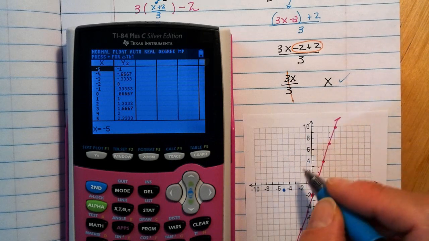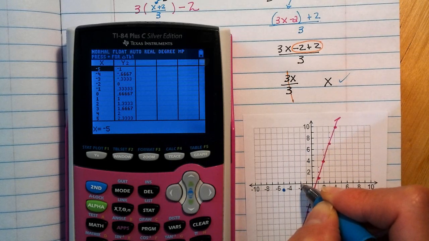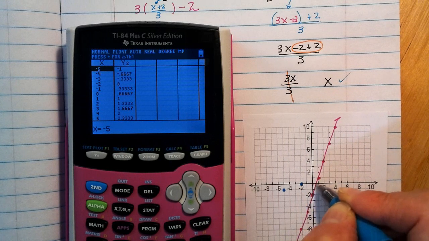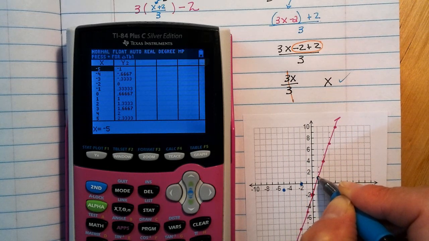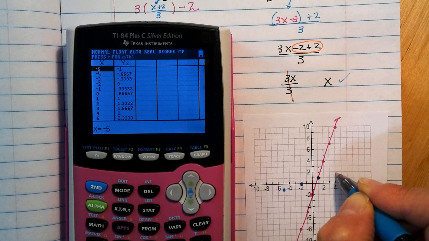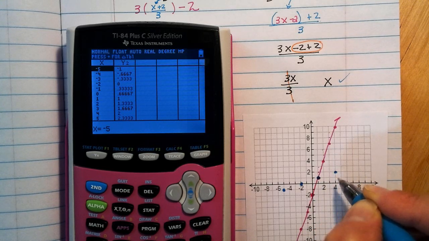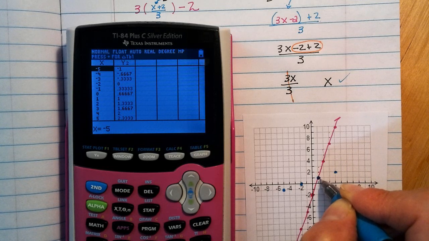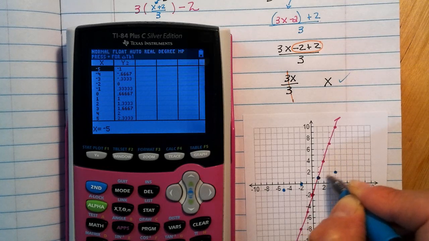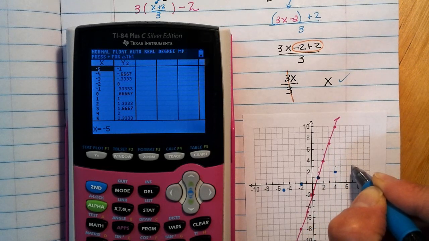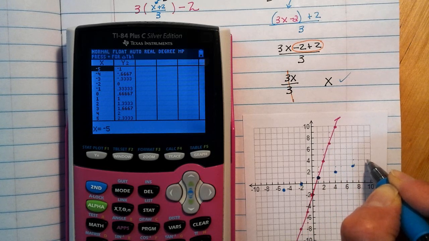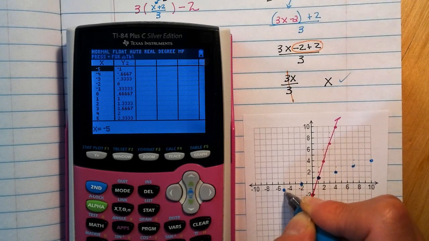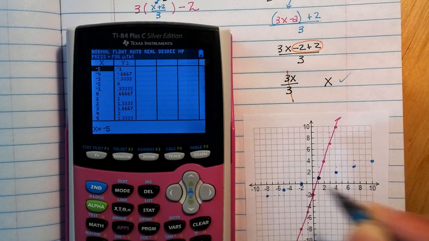At -2, I have 0. At 1, I have 1, and we can see they intersect right there. At 4, I have 2. So we can see our slope is in fact 1/3. I can just continue up 1, right 3, up 1, right 3, and then I can do the other direction, down 1, left 3.